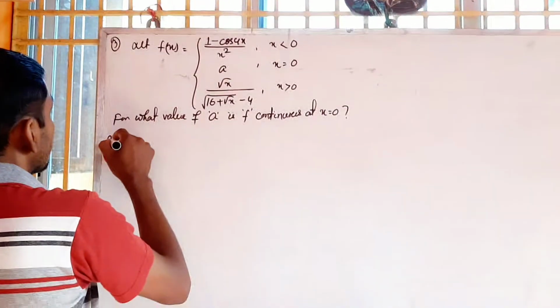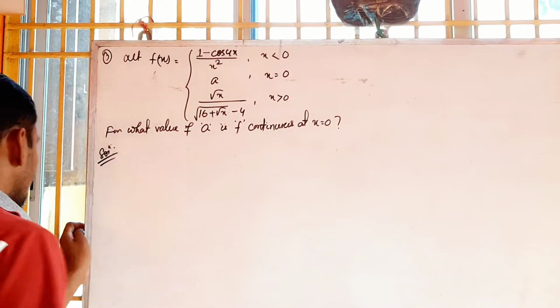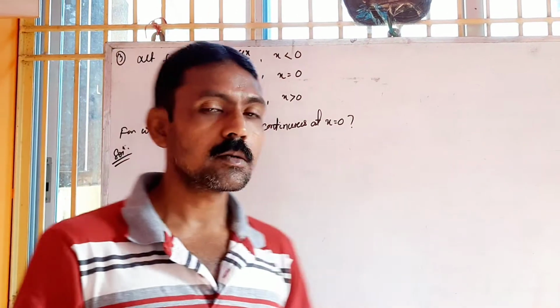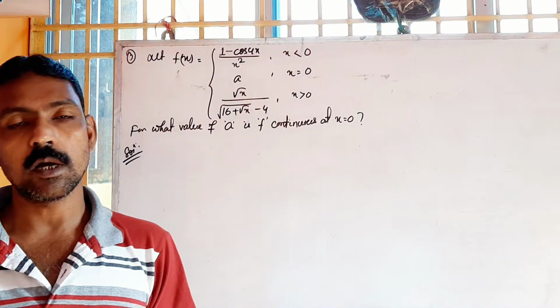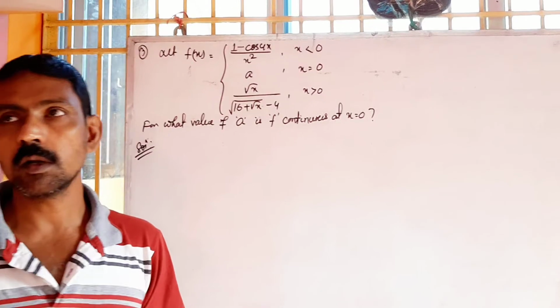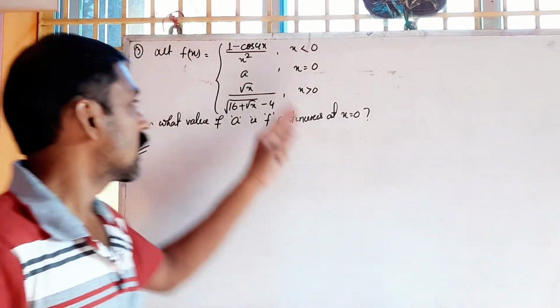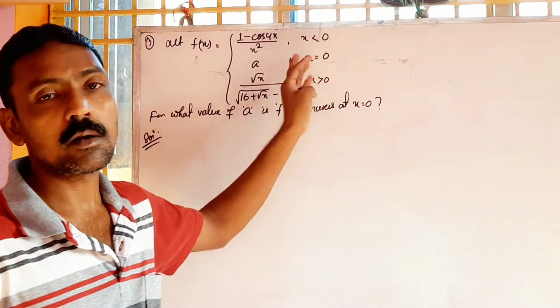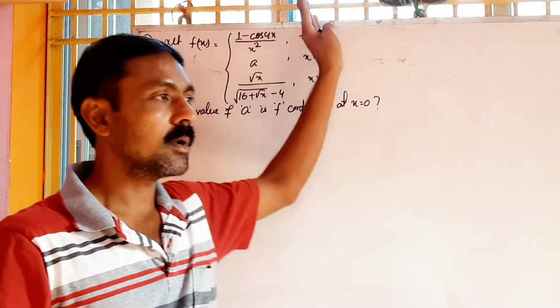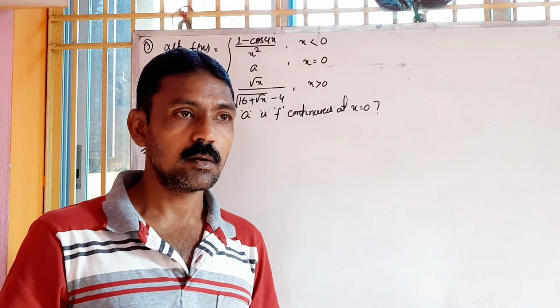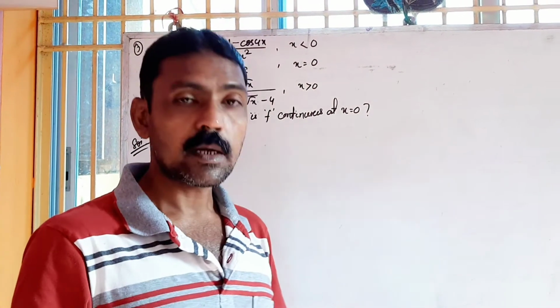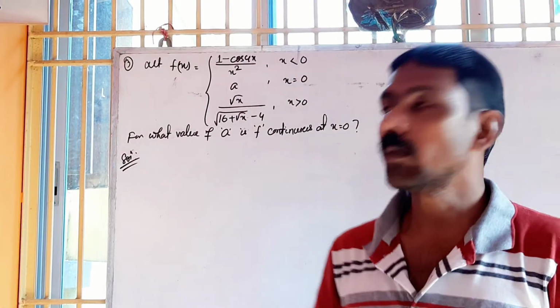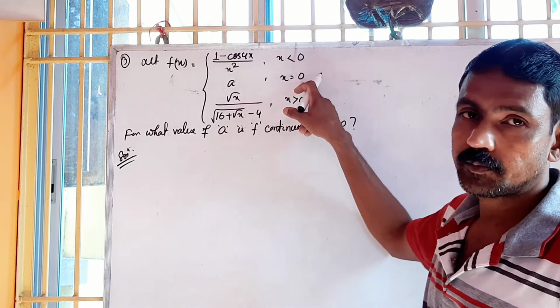So student, always remember in continuity, first of all you will find the limit, that is the first step. And how will you find the limit? You will check the function. If it is divided into more than one interval, meaning less than something, greater than something, then you have to evaluate the left hand limit and right hand limit. And the second thing is, you will find the value of the function at this point.